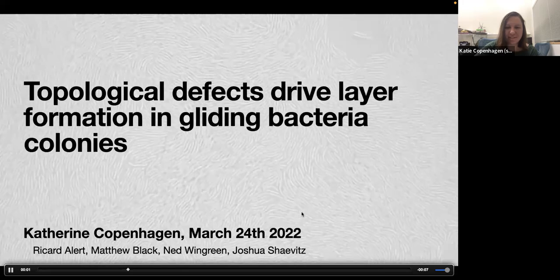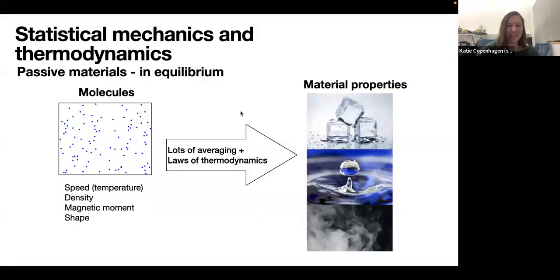So before I start talking about active matter, I wanted to do a brief reminder of passive materials and how we are inspired to study these active materials. In passive materials, you can use statistical mechanics to look at your system of molecules. If you know some properties about the individual molecules, like how fast they're moving, which could have to do with their temperature, and their density, maybe if they have a magnetic moment or a weird shape, you can do a bunch of averaging over the different possible states that your molecules could be in.